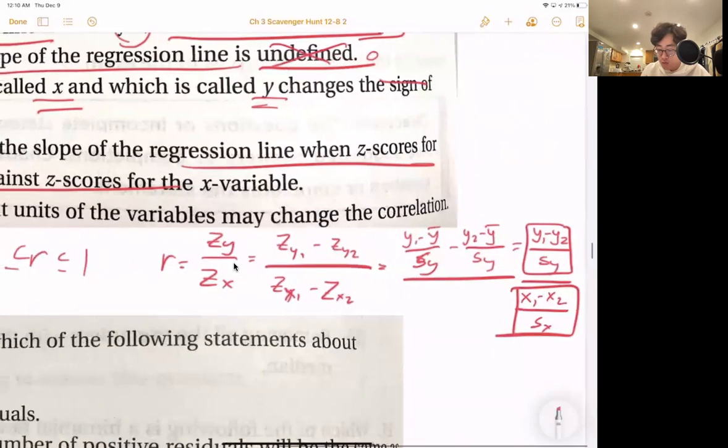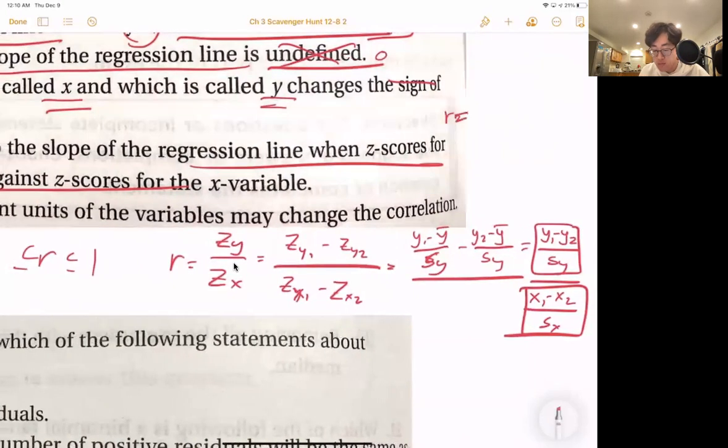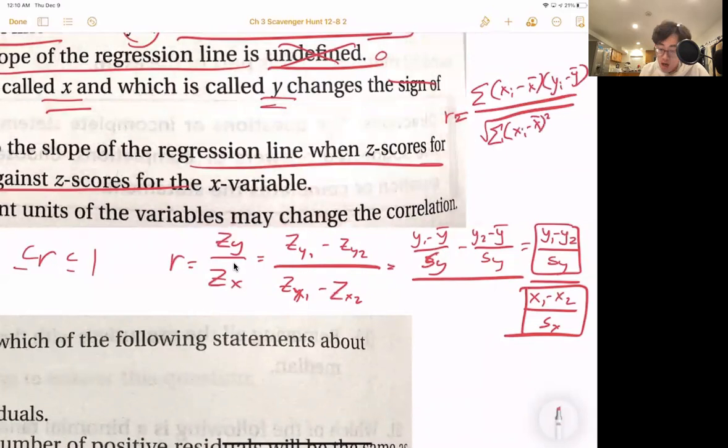The correlation coefficient formula R is simply equal to the sum of the x minus x mean times y minus y mean, all over the square root of the summation of xi minus x bar squared, times the summation of yi minus y bar squared. This is the standard deviation of all the residuals. That's what this is talking about. And then this is just the summation of all the x's and the y's.